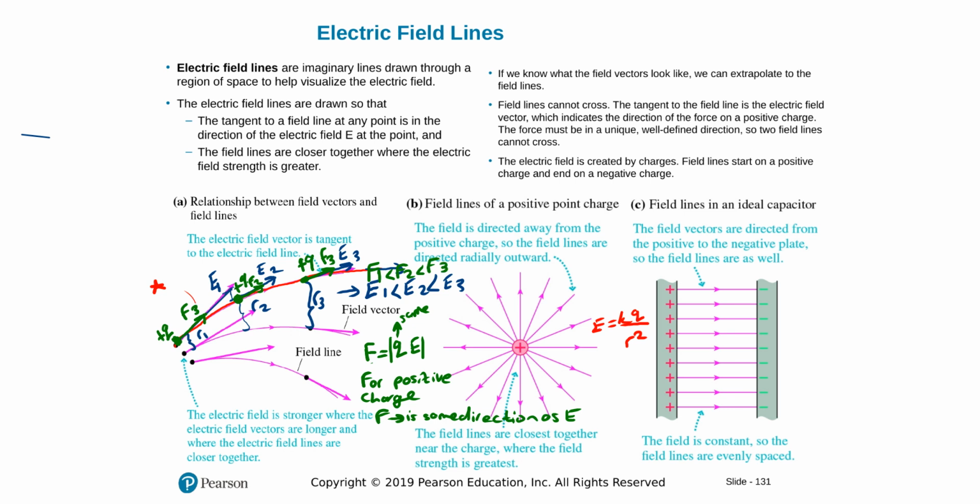Of course, if I put a negative charge, I'm going to show a negative charge here, minus Q here, there. It will have a force still tangential, opposite the electric field line. Let's call these F3, F4, F5.